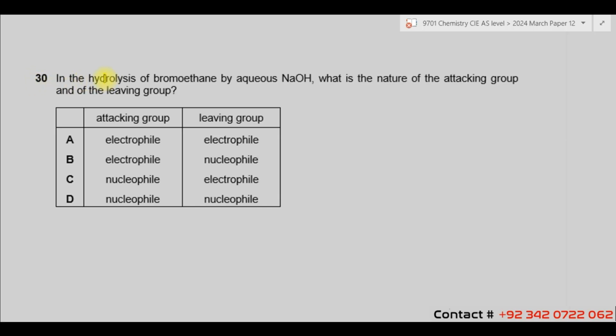Question 30. In the hydrolysis of bromoethane by aqueous sodium hydroxide, what is the nature of the attacking group and of the leaving group? Let's do the reaction. We have bromoethane. Ethane means we have two carbons. Bromo means we have one bromine attached. This is bromoethane. Aqueous sodium hydroxide produces OH negative ions.